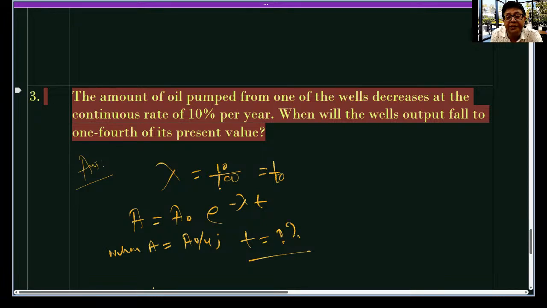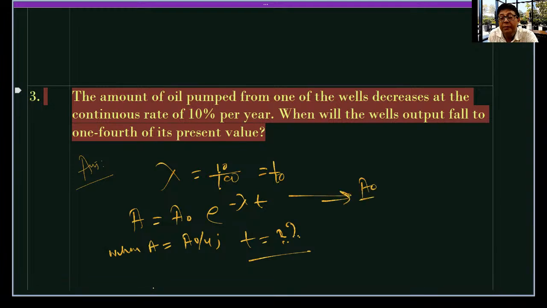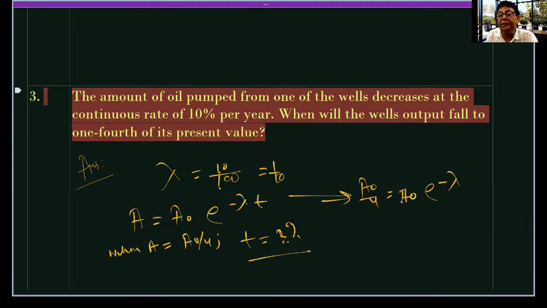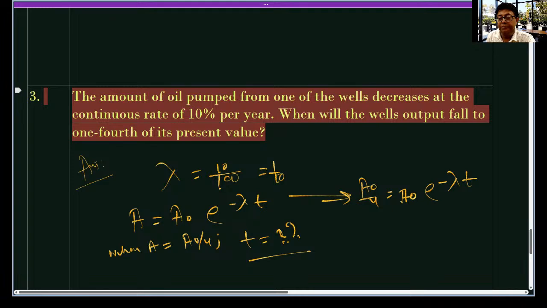Put it there: A0 by 4 equals A0 e to the power minus λt. Clear? A0 A0 get cancelled.